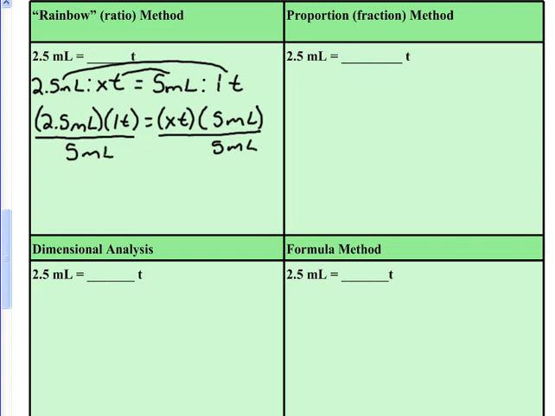Notice that on the right-hand side of the equation, both the number 5 as well as the unit milliliter cancel. On the left-hand side, only the unit milliliter cancels, not the number. We now can perform the arithmetic, 2.5 times 1 divided by 5, and we find that 2.5 milliliters is equivalent to 0.5 or half a teaspoon.